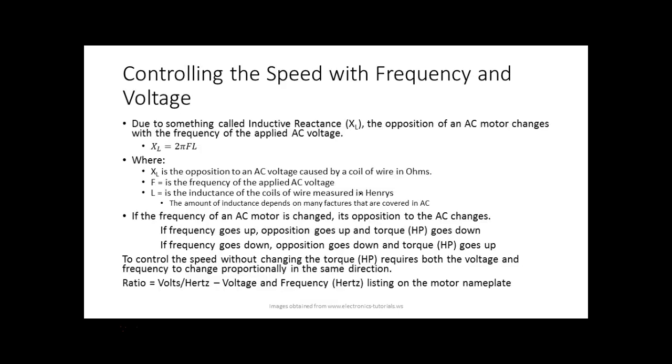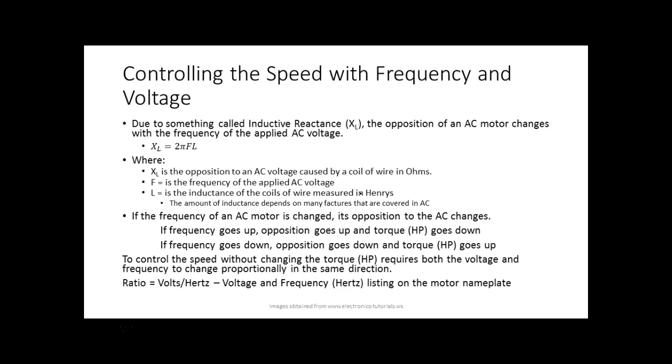Control the speed with frequency and voltage. Due to something called inductive reactance, the opposition of the AC motor changes with the frequency applied, so the formula is XL equals 2 pi FL. We understand this: if the frequency goes up, the XL of the motor goes up.